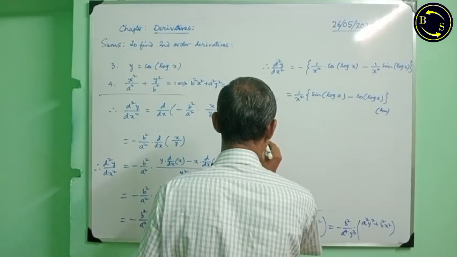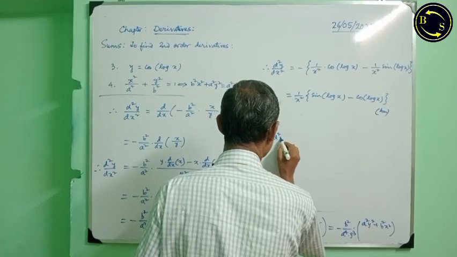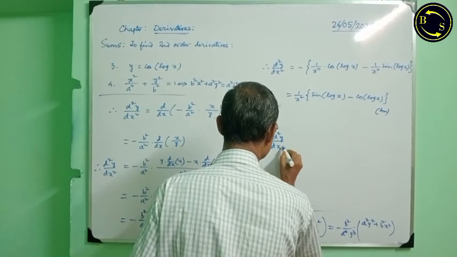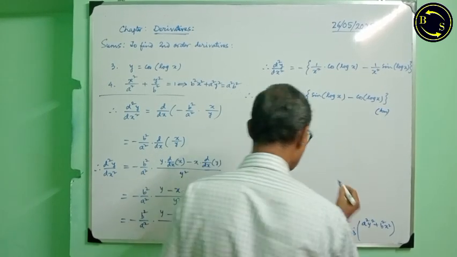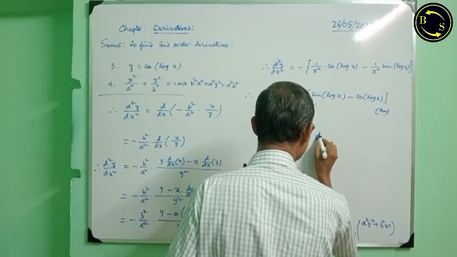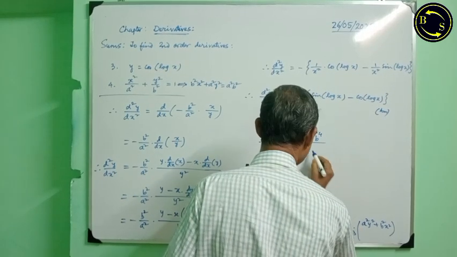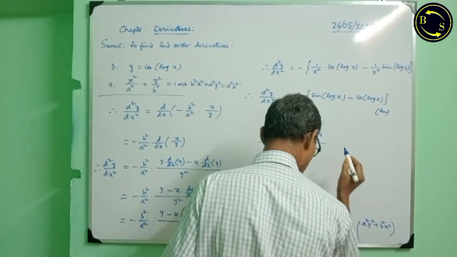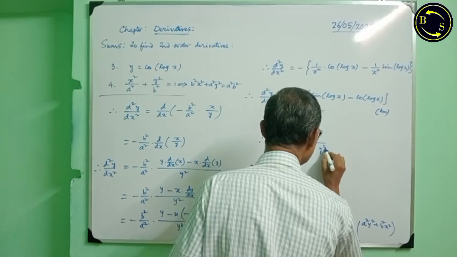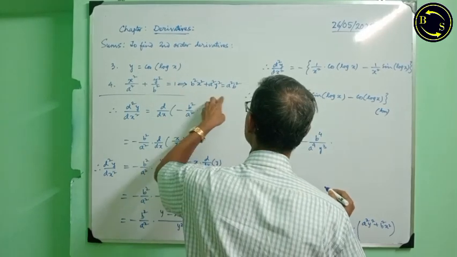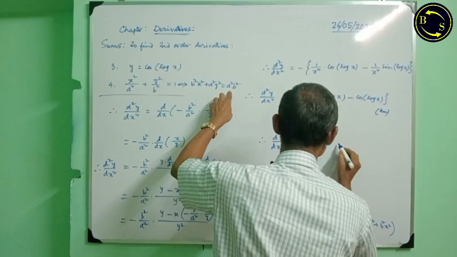Therefore, d2y/dx2 is equal to minus b to the power 4 over a to the power 4 y cubed into, in place of this, a squared b squared.